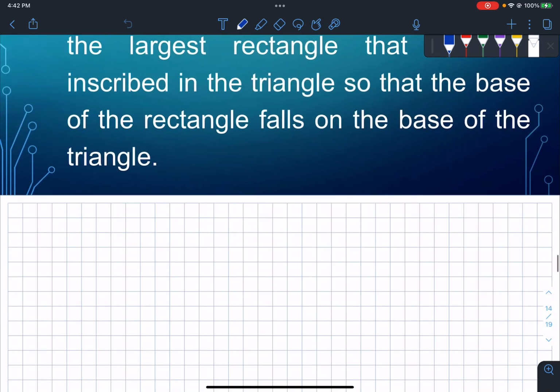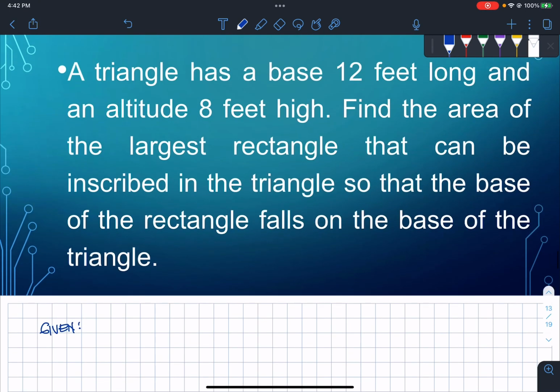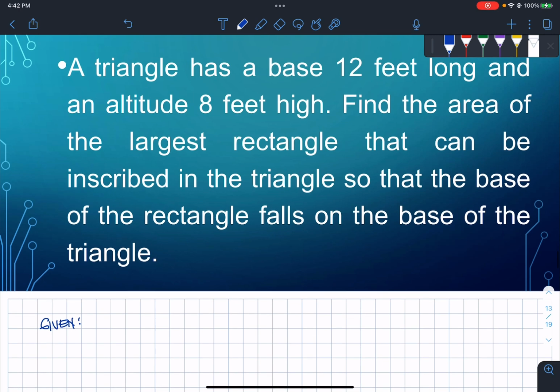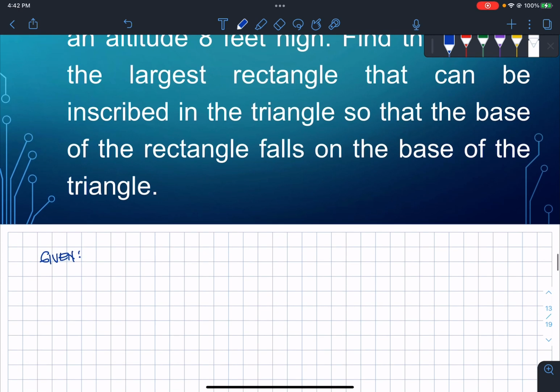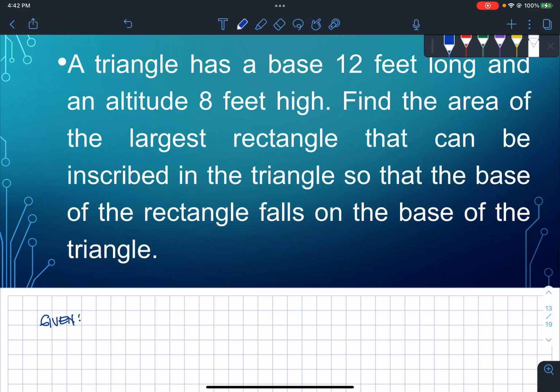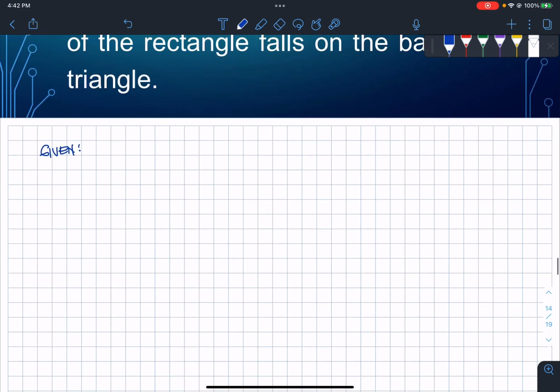So let me draw it. We have a triangle. A triangle has a base of 12 feet long and an altitude. Okay, so let's say we have a triangle. It will be a right triangle.